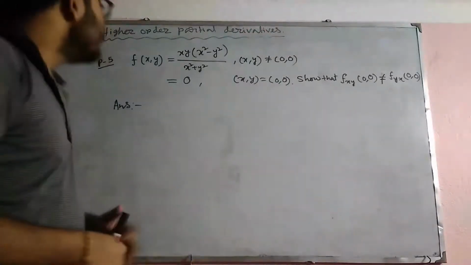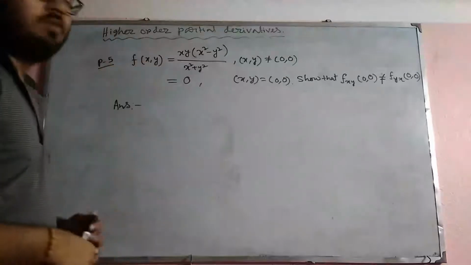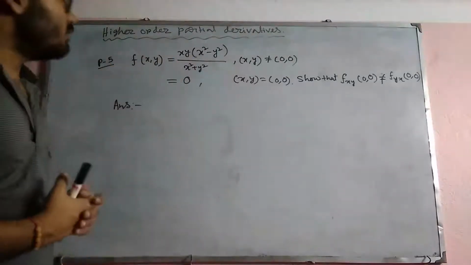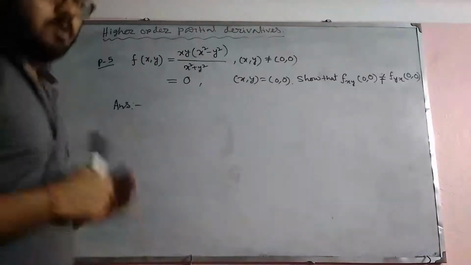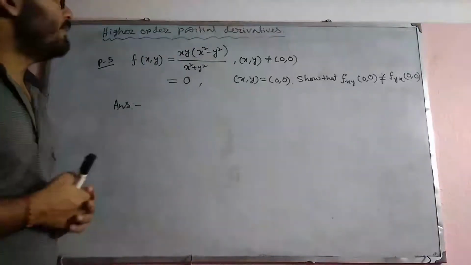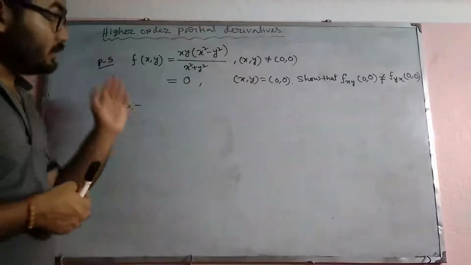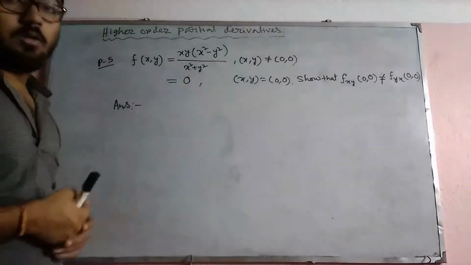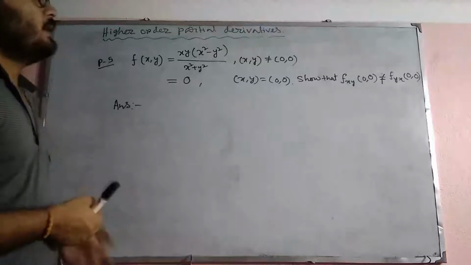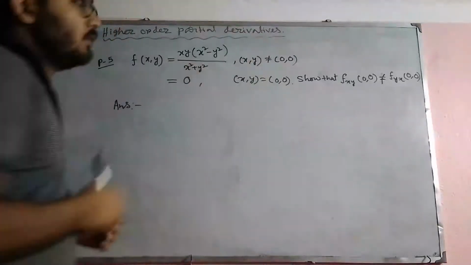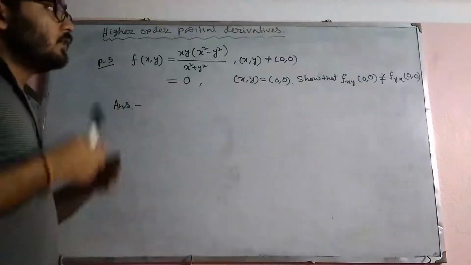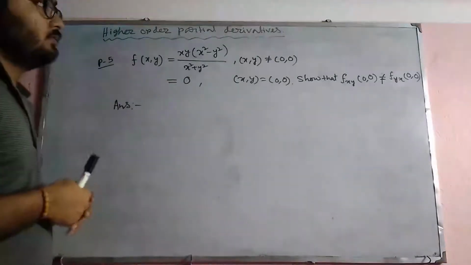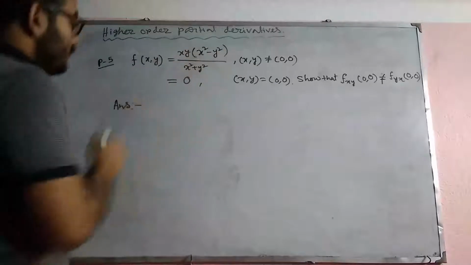Our problem 5: f of (x, y) is equal to xy times (x square minus y square) by (x square plus y square) when (x, y) is not equal to (0, 0), and f of (x, y) is equal to 0 when (x, y) is equal to (0, 0). Show that f xy at (0, 0) is not equal to f yx at (0, 0).